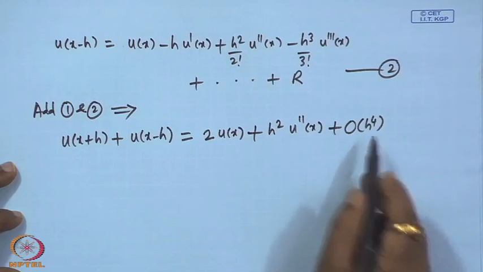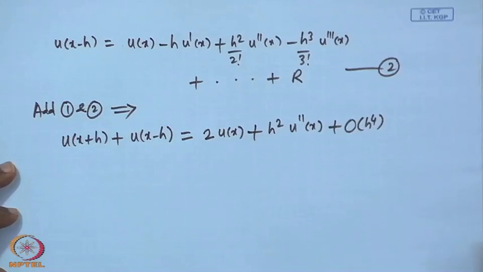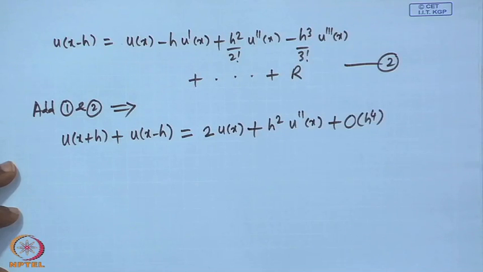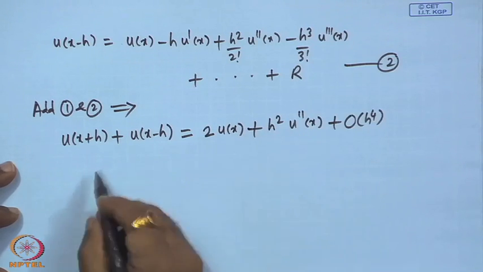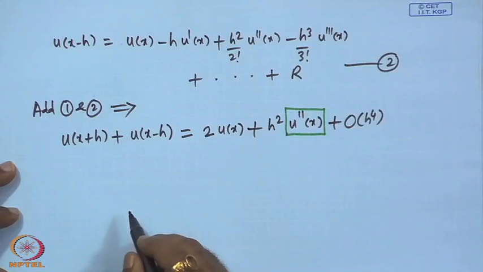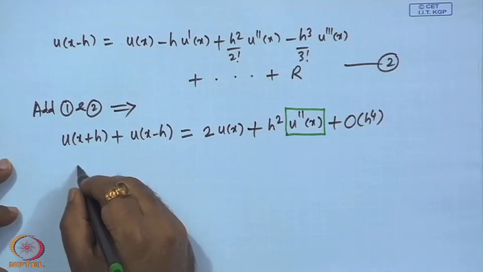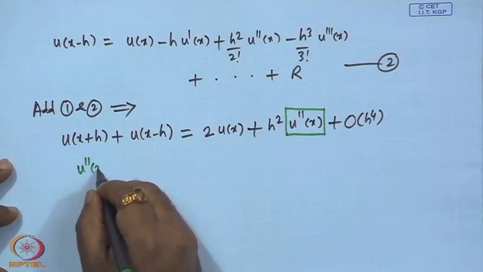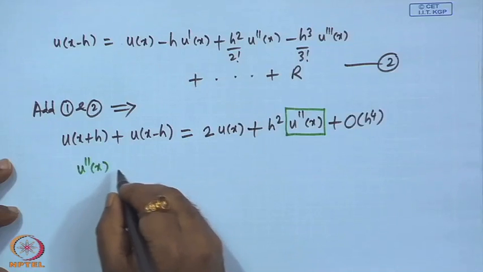Now from here we can obtain an approximation for u double dash of x.